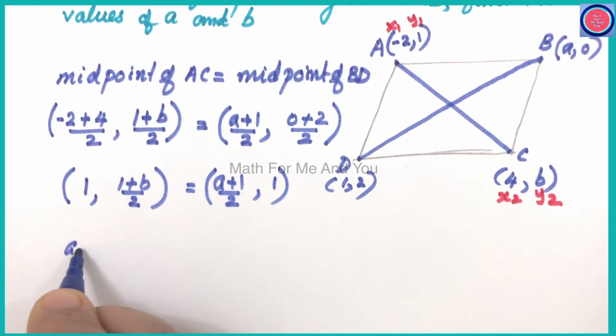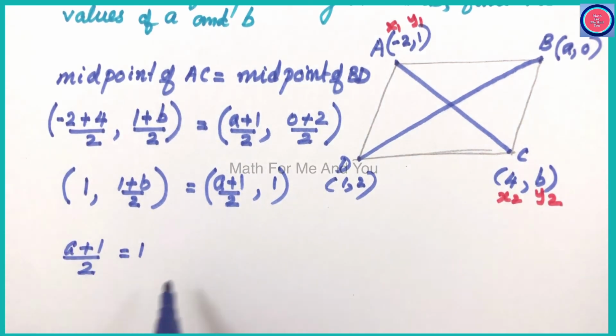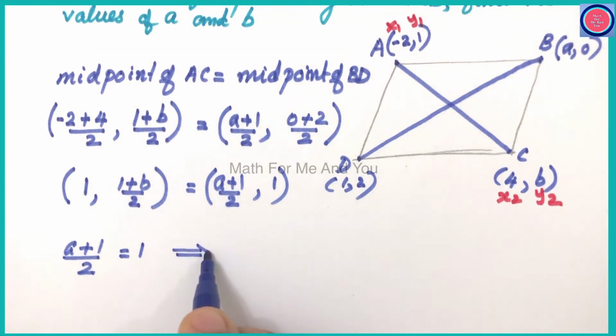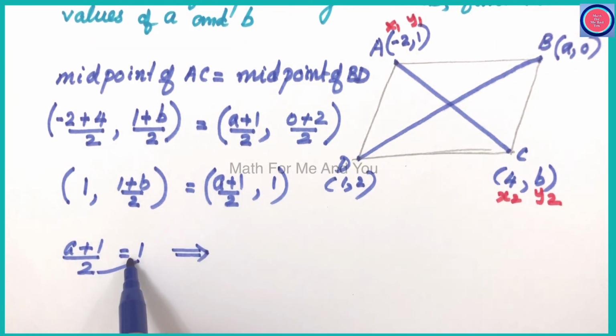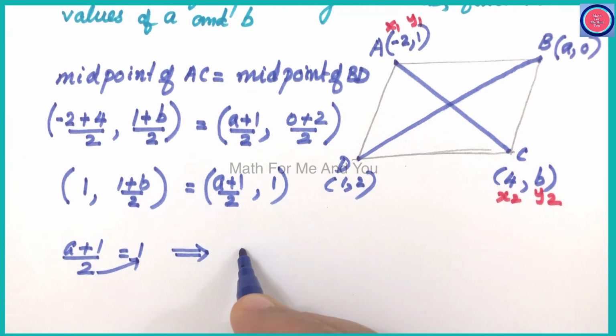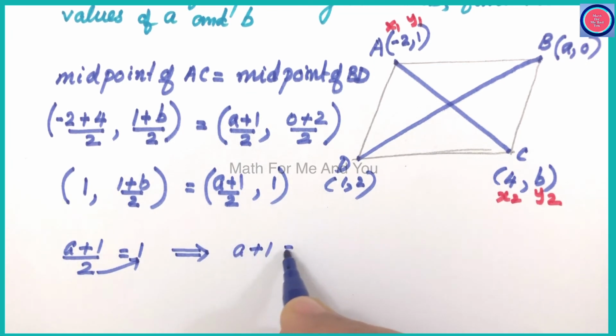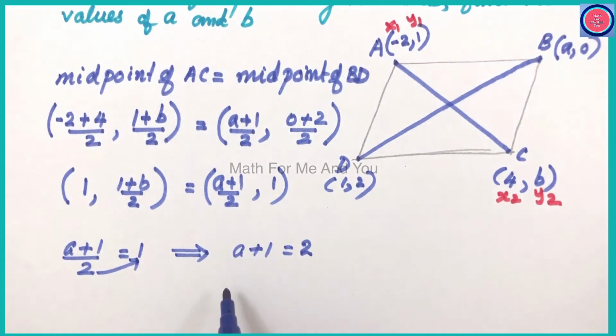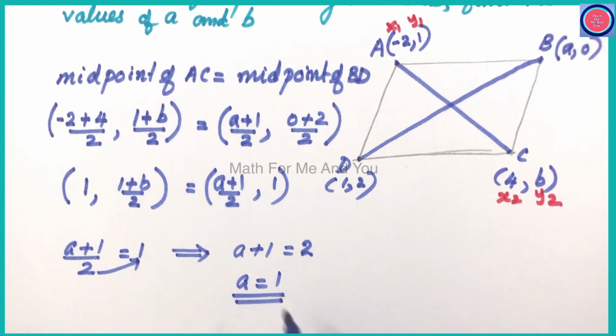When we equate the x coordinate, we get 1 is equal to a plus 1 over 2, or a plus 1 over 2 equals 1. Cross multiply. a plus 1 equals 2. What is a? a is equal to 2 minus 1, that is a is equal to 1. And next we equate the y coordinate.